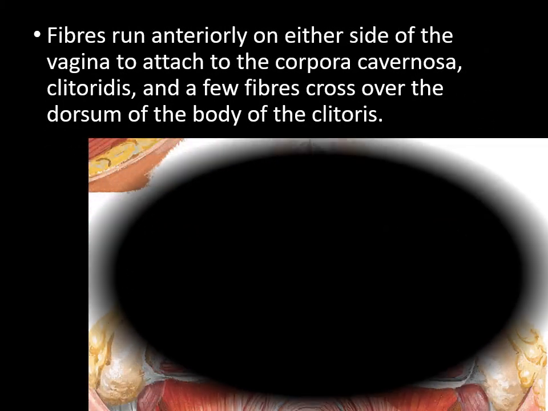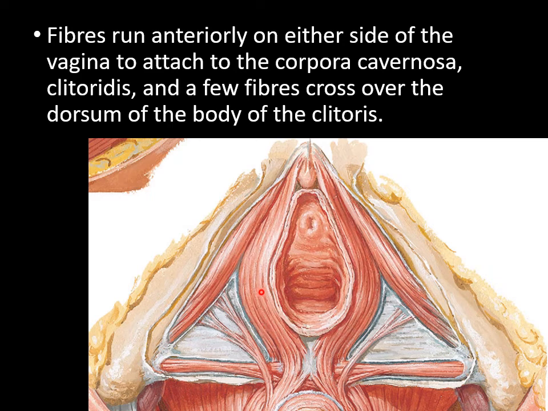Then what about how the fibers are running? So the fibers of the bulbospongiosus in the female run anteriorly, on either side of the vaginal orifice, to attach to the corpora cavernosa laterally, and then anteriorly they are going to join with the clitoris, and a few fibers cross over the dorsum of the clitoris and join with the opposite side bulbospongiosus.